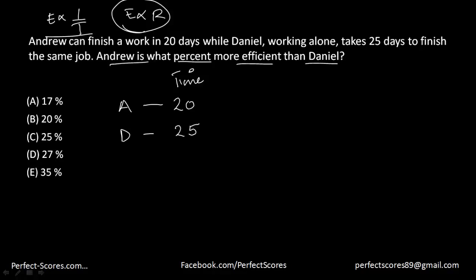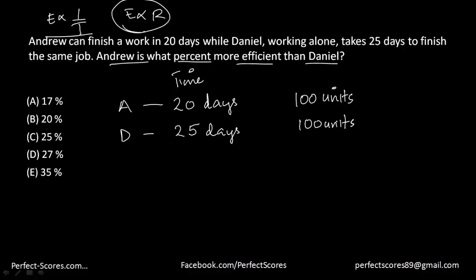This is something which is natural in all of us. So if Andrew takes 20 days to finish a job and Daniel takes 25 days, let's say that the total work is of 100 units. I'm just taking the LCM of these numbers. Let's say the total work is of 100 units.